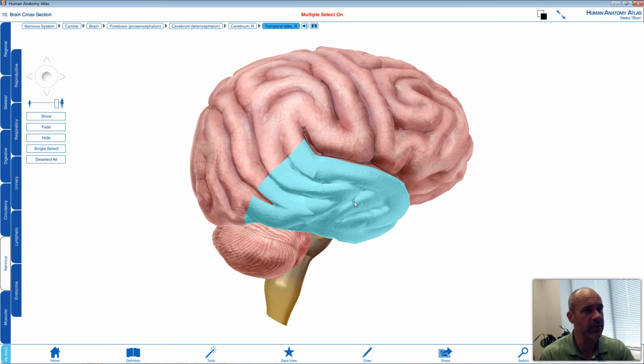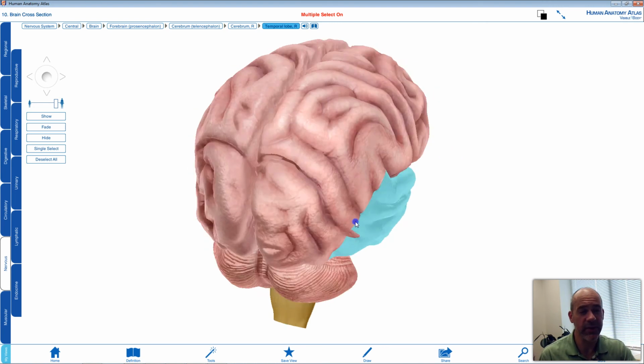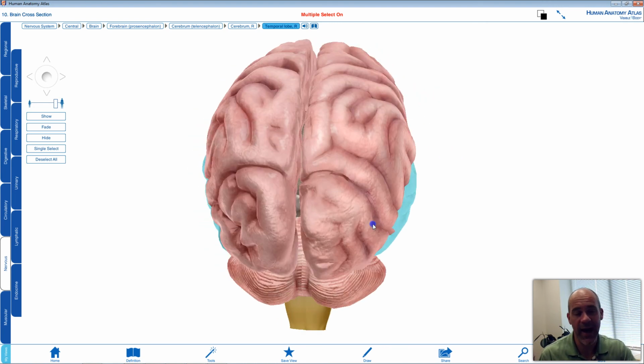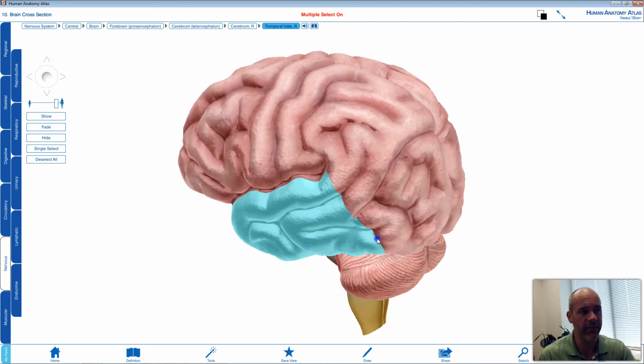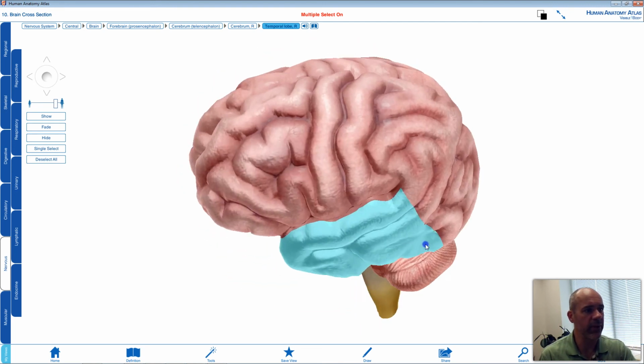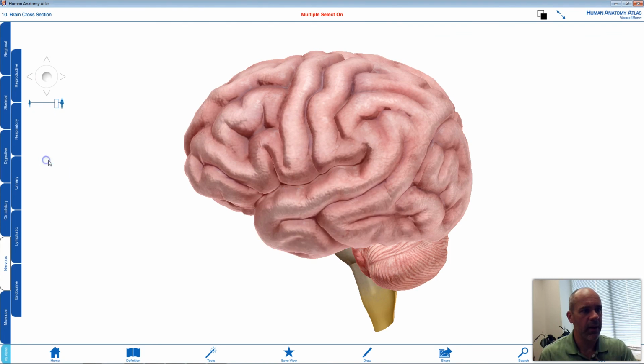Now those are obviously two separate lobes of the brain. So we really should say you have at least 5 major lobes of the brain: frontal, parietal, occipital, and then your left and your right temporal lobes. Okay, so those are pretty straightforward.